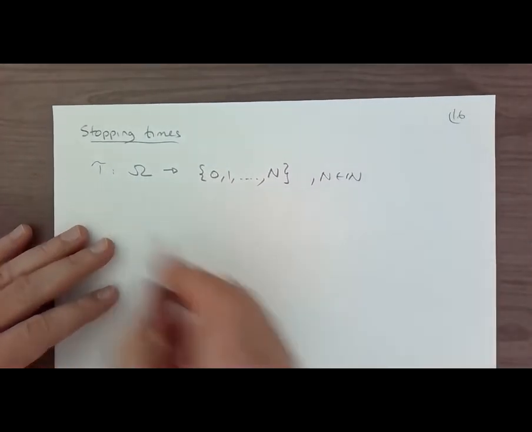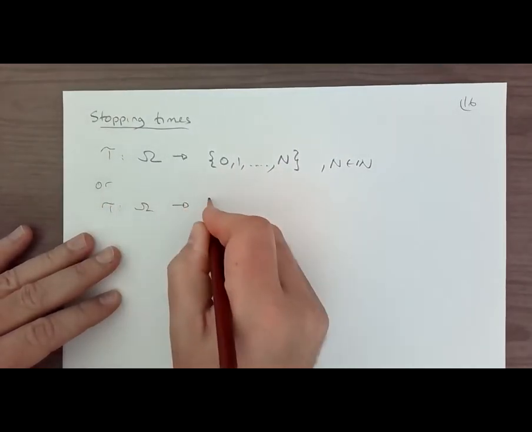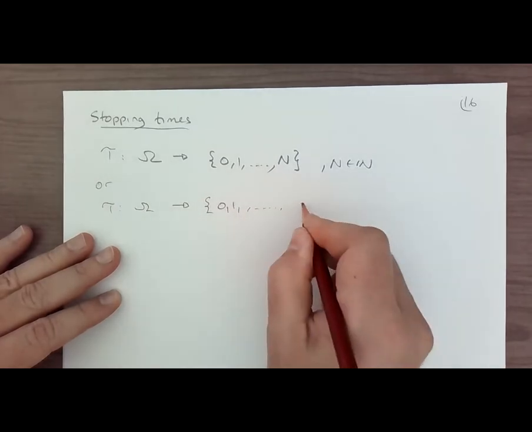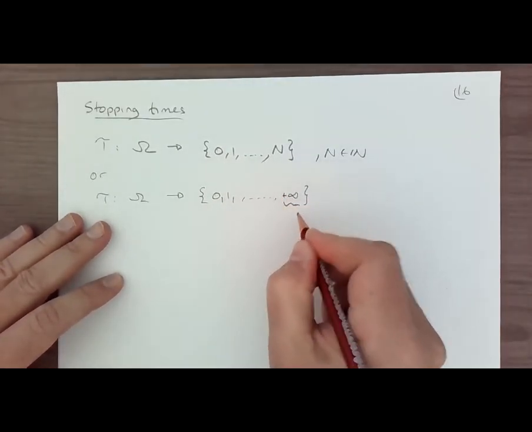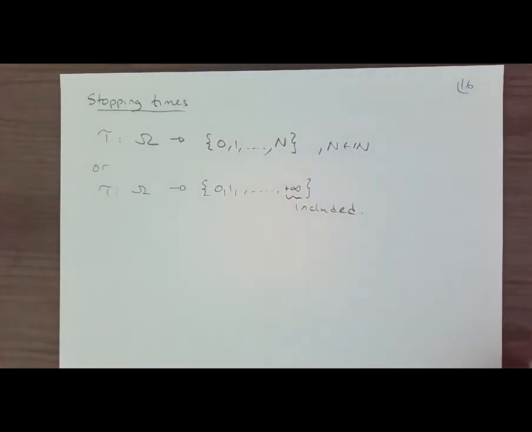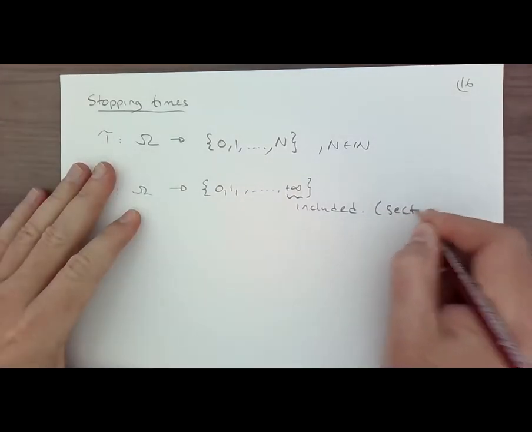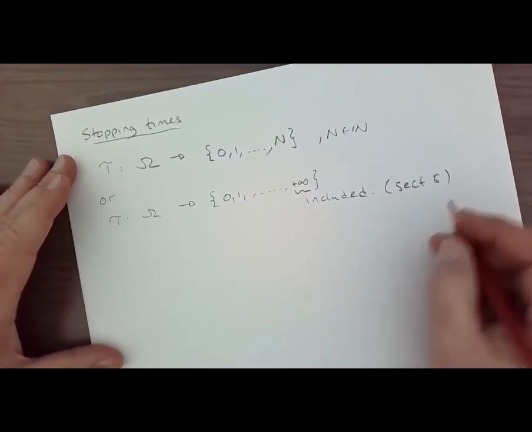It also sometimes goes from omega all the way up to and including infinity. This one here is included. This happens in particular in section 5. So it's a random variable that has this very particular property.